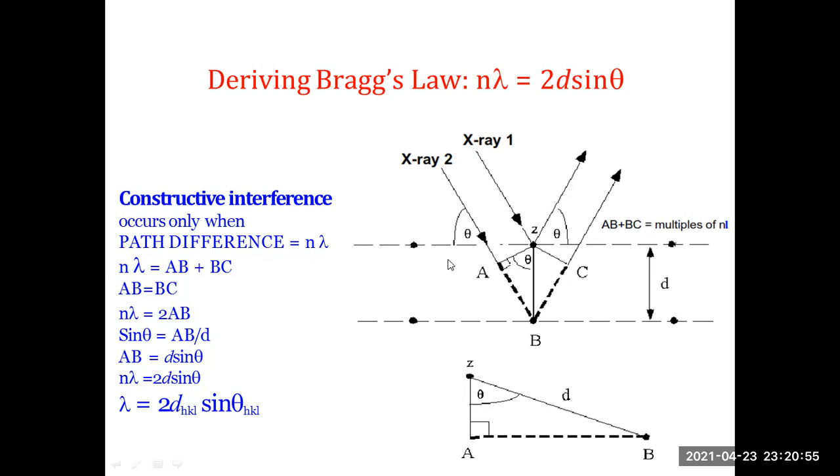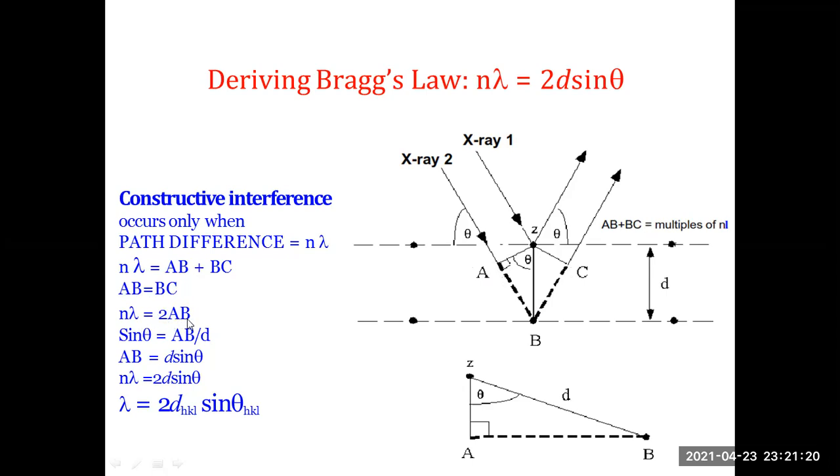So the path difference here is the extra path traveled by the second X-ray wave with respect to the first X-ray. What is that extra path? AB plus BC. So n lambda is equal to the path difference AB plus BC. Since the distances AB and BC are the same, we can write that AB is equal to BC.